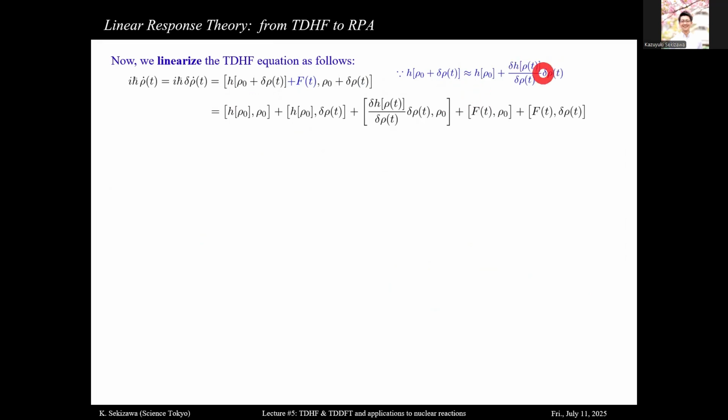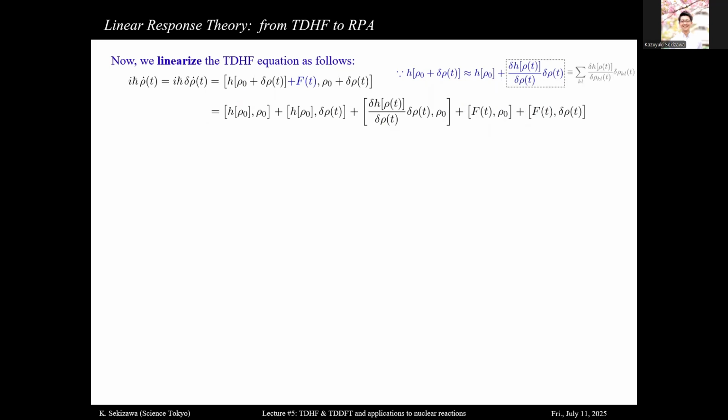So it can be written as h plus this term. By putting this expanded form into the TDHF equation, you can open up this commutation relation term by term, and you can get this equation. So this is just a substitution of these equations.